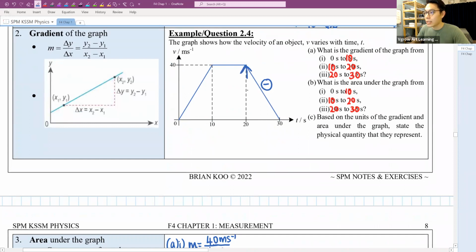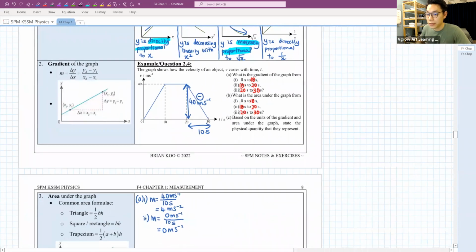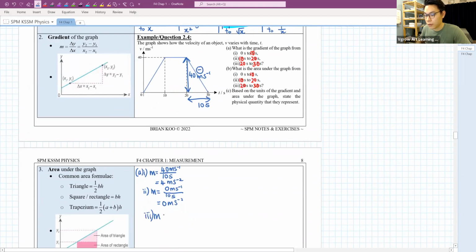The y distance is 40, the x distance is 10. Okay, this is 10 seconds, this is 40 meters per second. And the gradient is negative. Okay, the gradient is negative. So negative, put down the negative first. Y distance is 40 meters per second. X distance is 10 seconds.